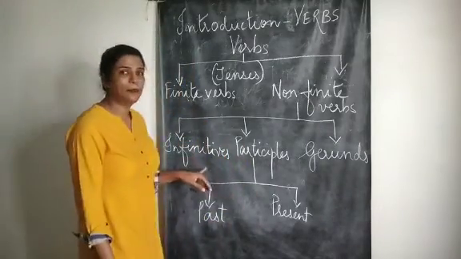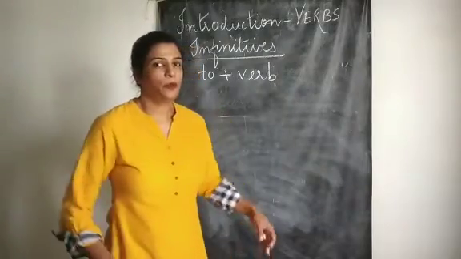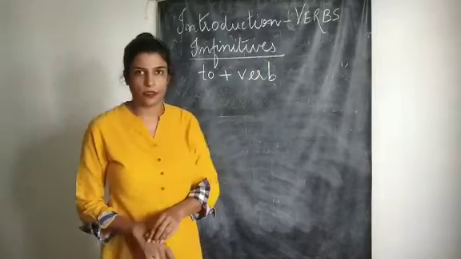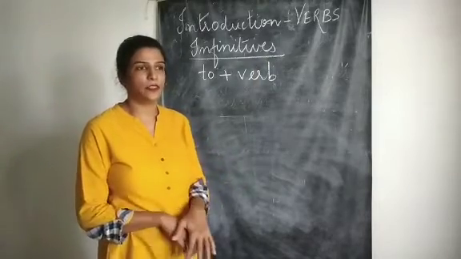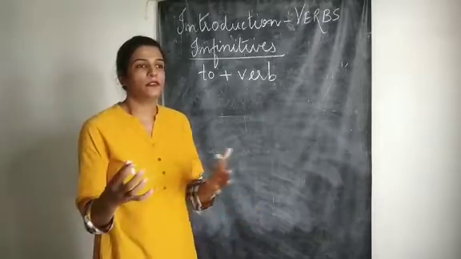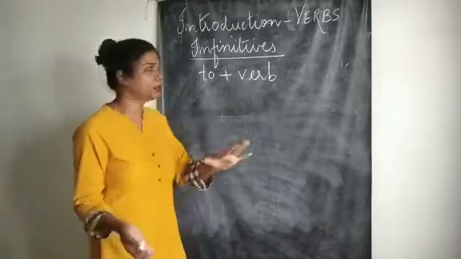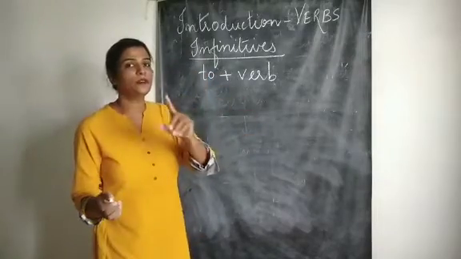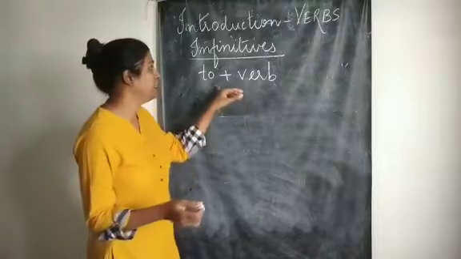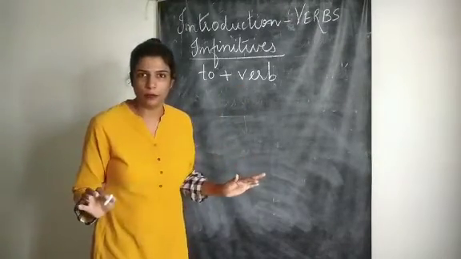Now let's take up infinitives first. The first non-finite verb which we will be discussing is the infinitive. Now what is an infinitive? When you ask me, ma'am, how does an infinitive look? How can we say that this is an infinitive? My answer would be: an infinitive is a combination of the preposition to plus the base form of the verb, nothing added to the verb.